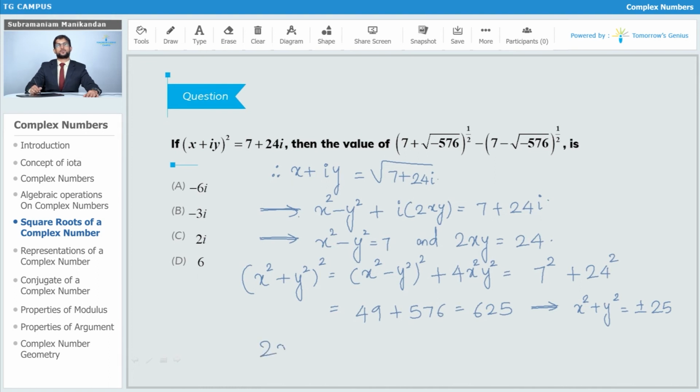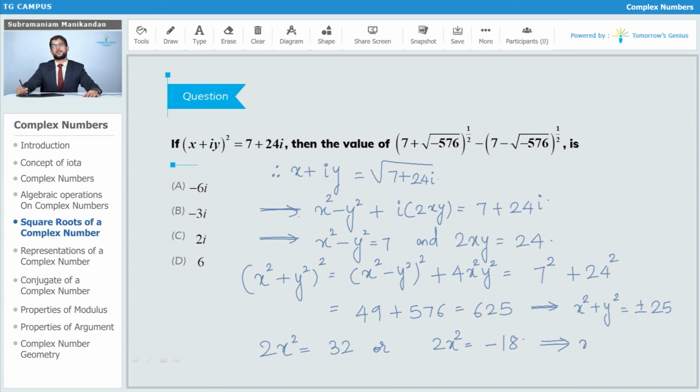So we get 2x square is equal to 32, or 2x square is equal to minus 18, right? So therefore x square being a real number, its square cannot be a negative number, and therefore we will choose x square to be equal to 32 by 2, that's 16.